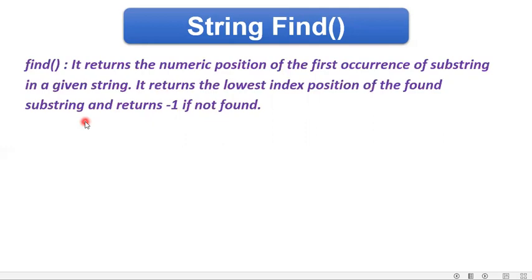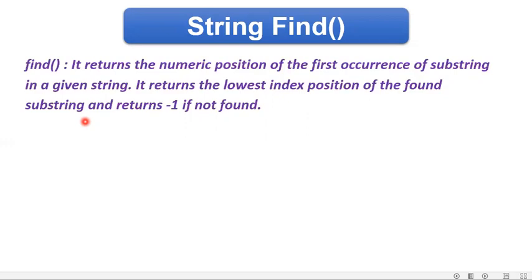Now, what does it mean? That means, for example, a string is containing 20 characters, and the substring which I am looking for is stored at index positions 4 to 10. That means this is the range of my substring. It starts from the 4th index position and it ends at the 10th index position.